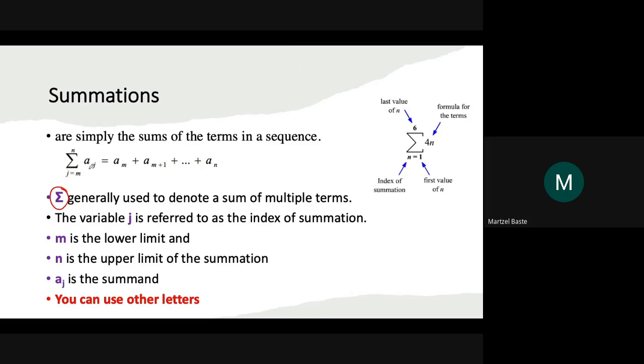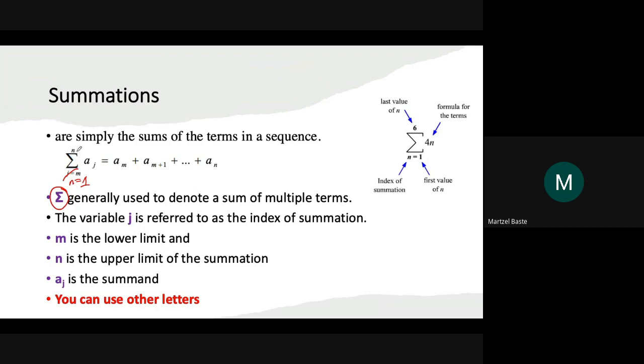It is actually the lower limit. The j can be omitted; instead, you put the actual value of the lower limit. For example, if you put n is equal to 1, it starts with 1. And then the n here is the upper limit.